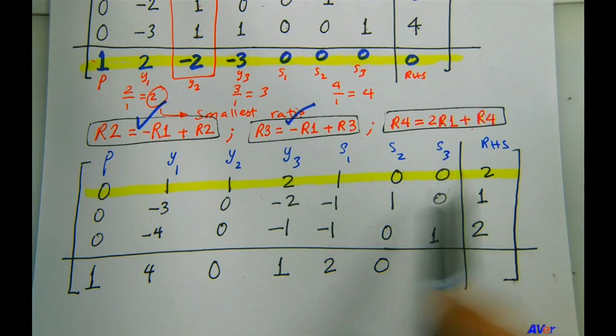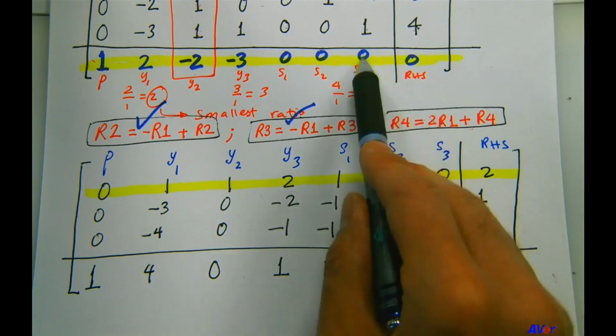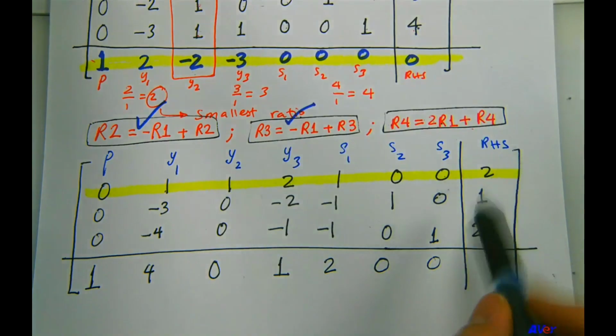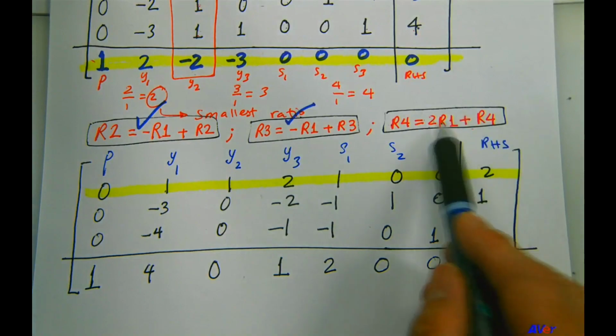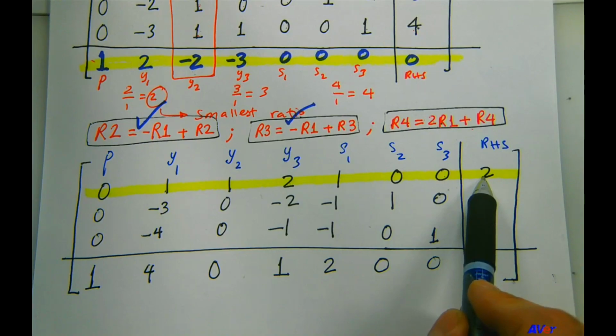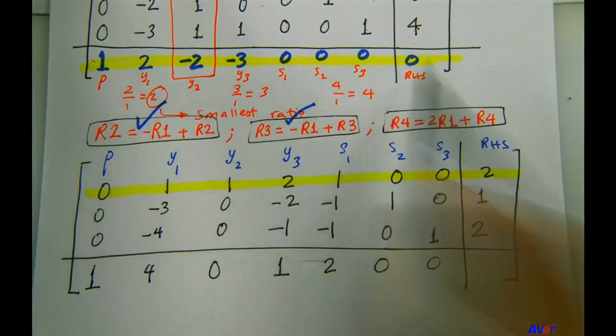Then 2 times 0 for s3, 0, plus 0 again, 0. Then for the right-hand side column, we have 2 times 2 is 4, plus 0, which is the fourth row, it's 4.